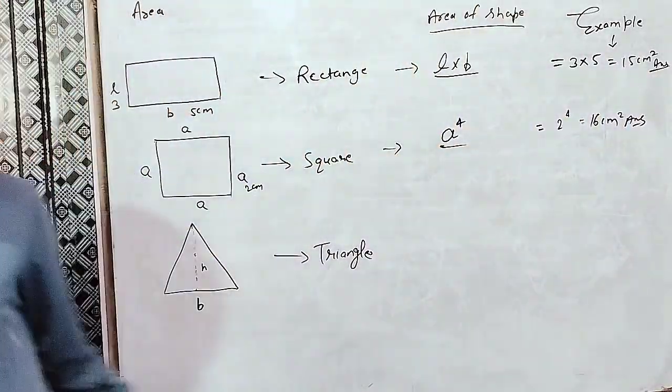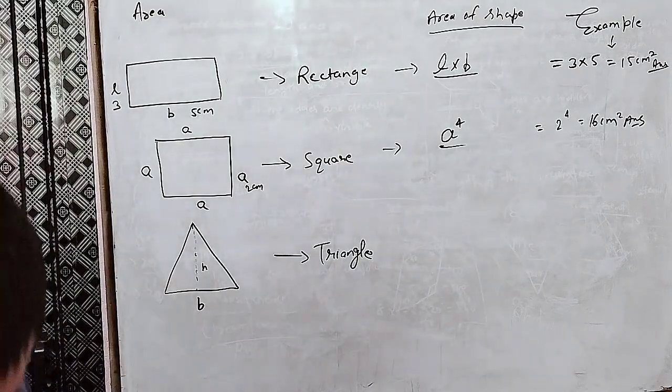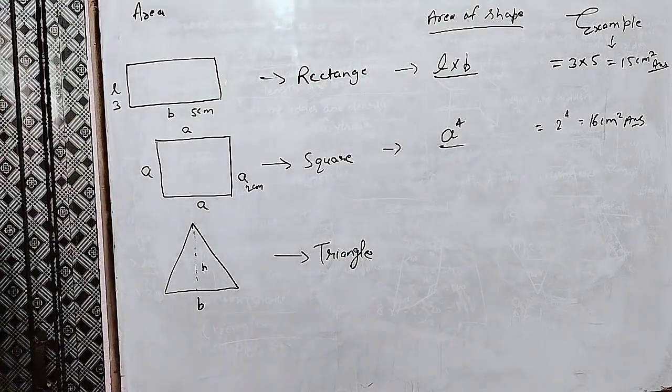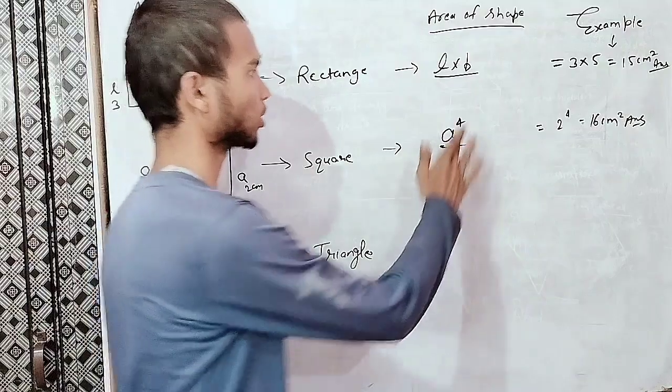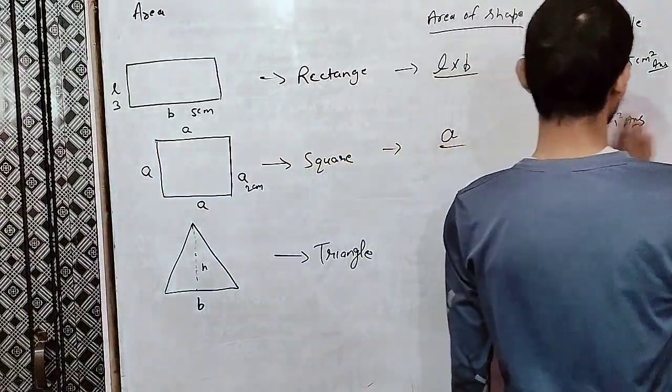Now, how would you represent the area of a triangle? I am wrong. Here would be A square.